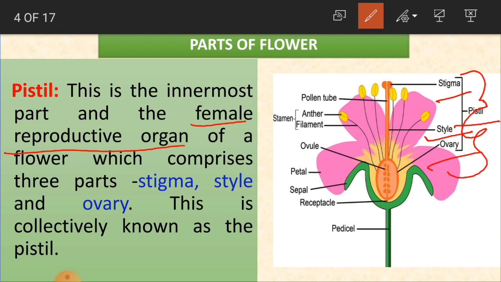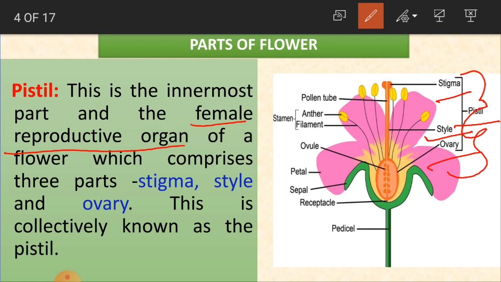For example, we human beings reproduce human beings. Animals reproduce animals, in the sense, animals give birth to animals, human beings give birth to human beings. Same like that, plants also give birth to plants.